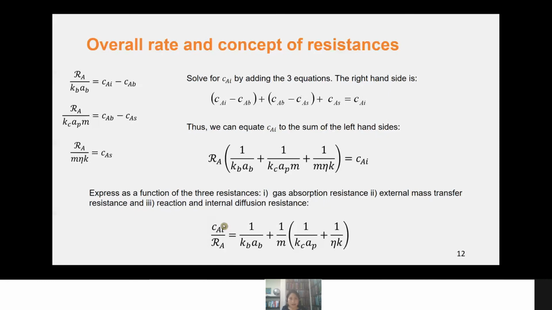For CAi, we can measure the partial pressure of A and use Henry's law. We measure the change in concentration over time to get the rate of reaction. And then we do these experiments with different catalyst loadings M. If you can remember, catalyst loading M is the mass of catalyst per unit volume of reactor.